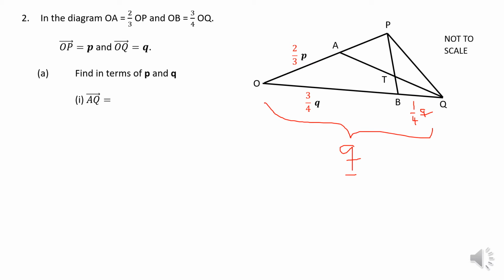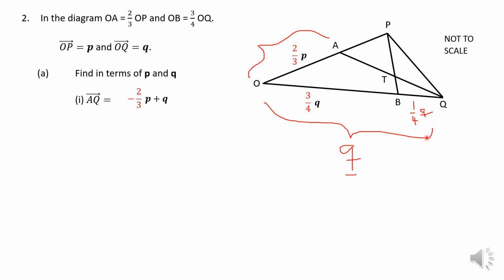If you are going from A all the way up to Q, maybe you can first write it down. You can see that you are going against 2/3 p plus that whole distance of q.